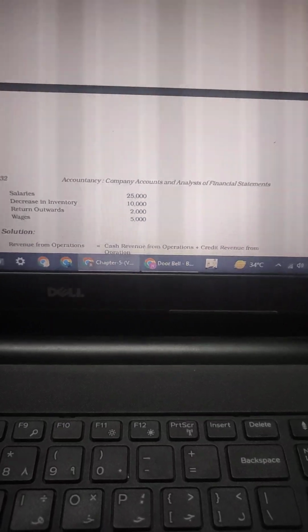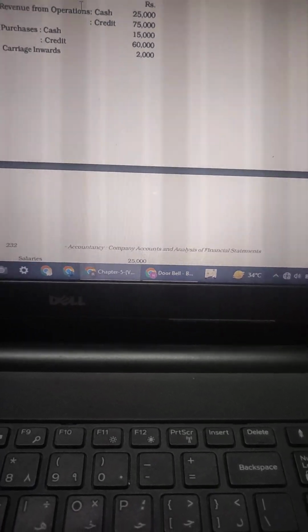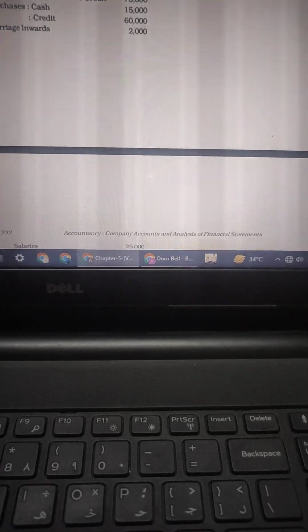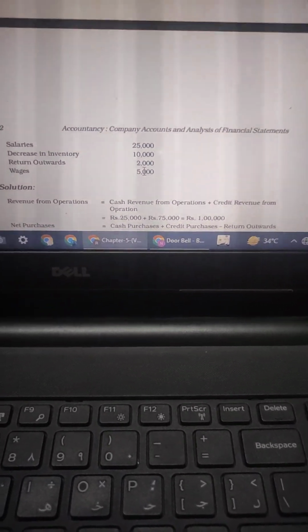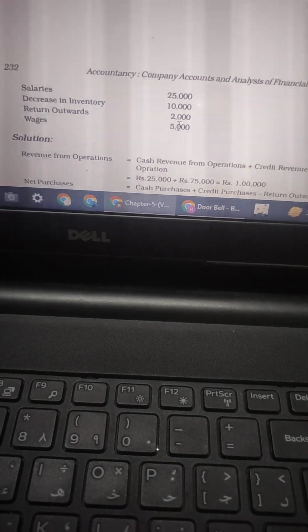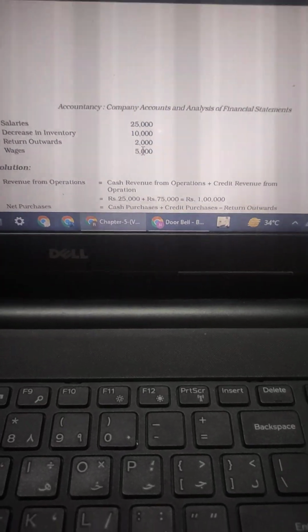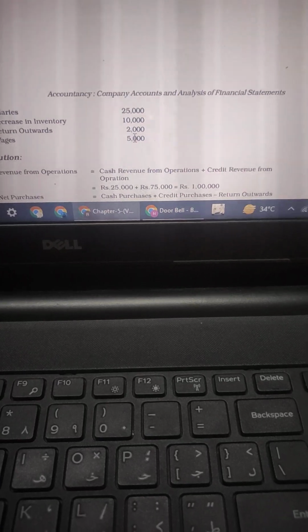Then coming to the question, here cash and credit purchases are given. Then any other things related to purchases, we have to check in the question. Then return outwards is given. Return outwards means if we have purchased something and found it defective, then we are giving it back to the party from whom we purchased.